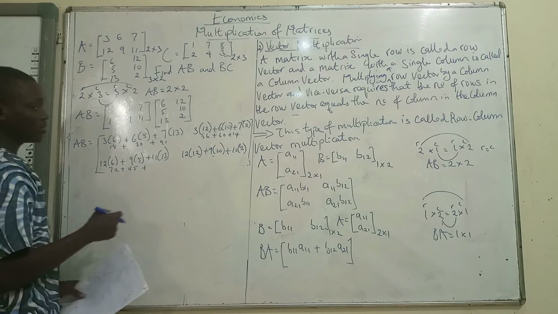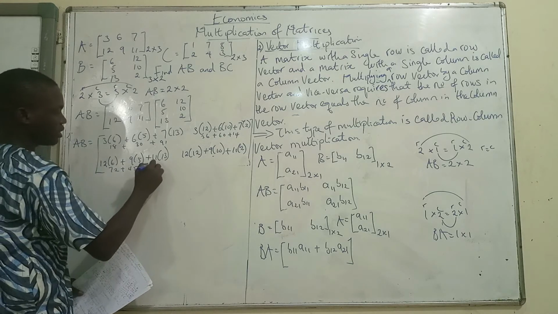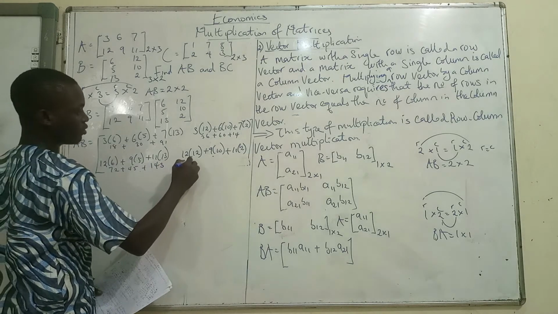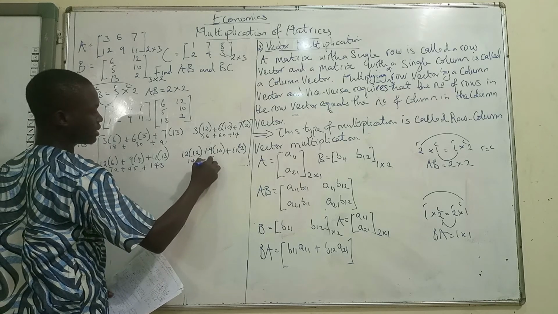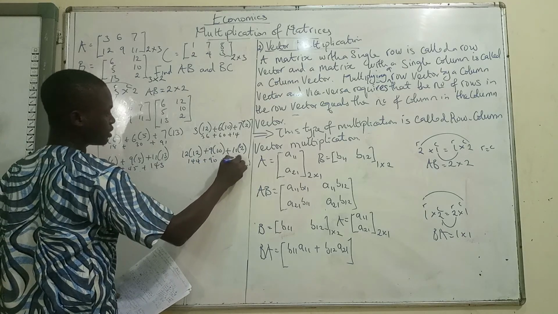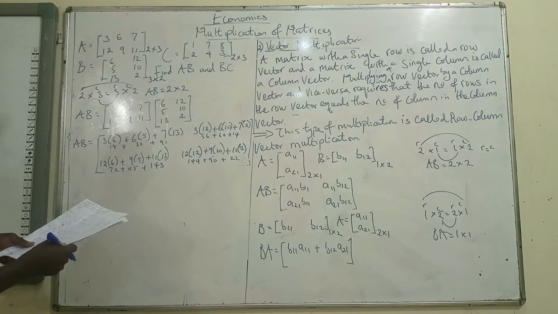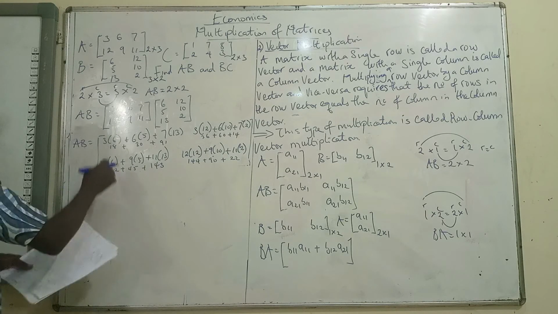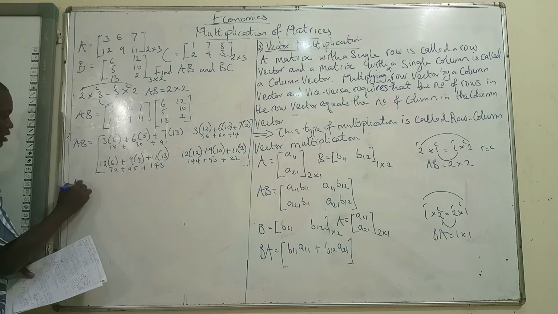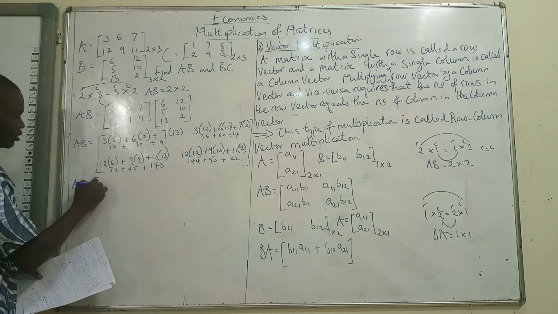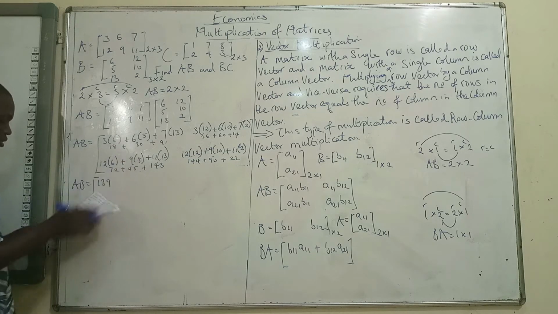Okay, then 11 times 3 is 33, so this should be 143. Then we have 144 plus 90, then we have plus 22. I think I did that already. 18, 30, 91. So all of this now, AB is going to give us 139.